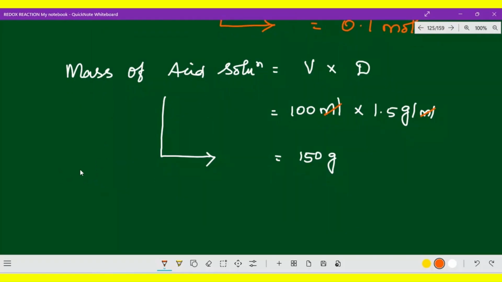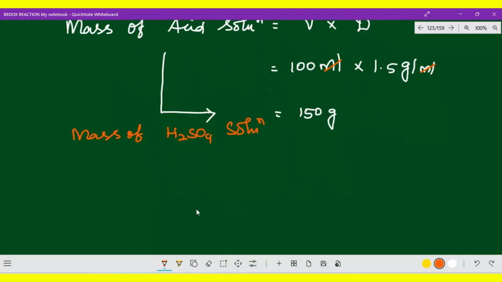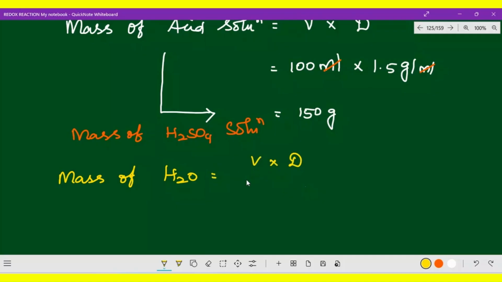So that is the mass of the H2SO4 solution. I hope you got that idea. Now, the next one, mass of water. So mass of water, what is it? Here also volume into density. The volume is 400 ml.